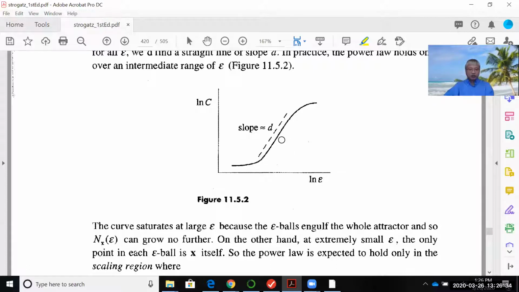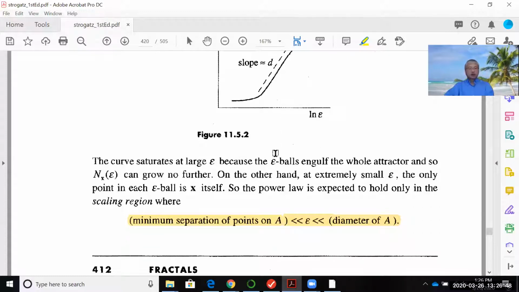From this straight line region, you can extract what d is by fitting the line, and the slope is basically d, which is what we call the correlation dimension. Again, I emphasize it only works for a certain minimum separation and a certain maximum epsilon, which is the size of the object itself.